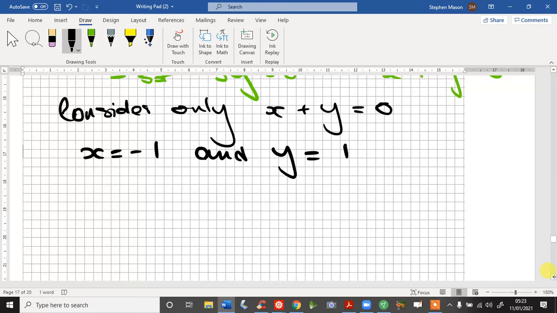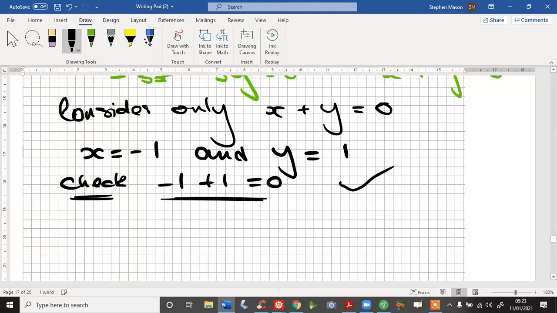Because if we substitute minus 1 and 1 back in for x and y respectively, we get minus 1 plus 1 equals 0, and we verified that.